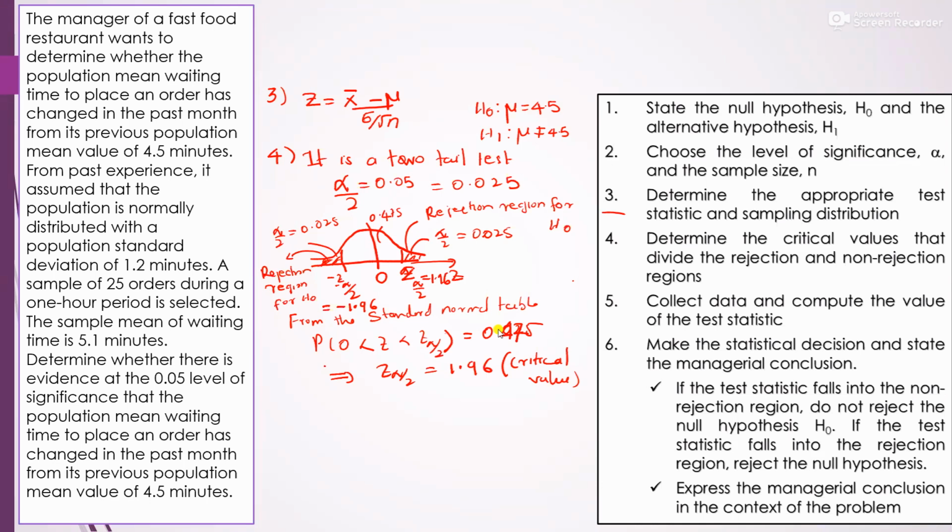If this test statistic falls within this region, the values between minus 1.96 and 1.96 are likely values, and we can say that the sample is possible to get from the corresponding population.